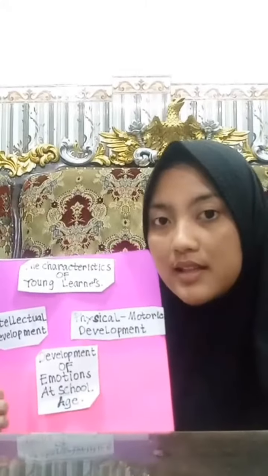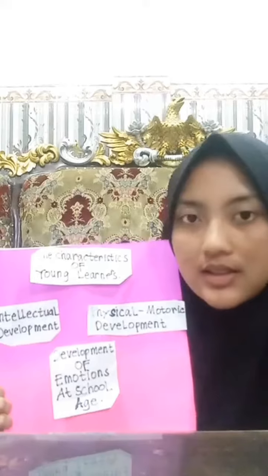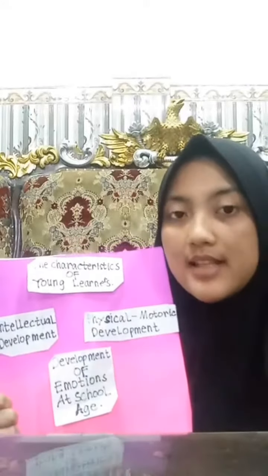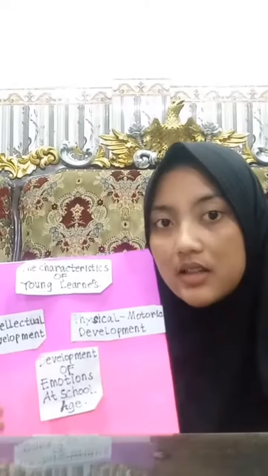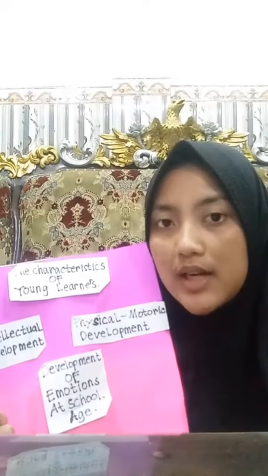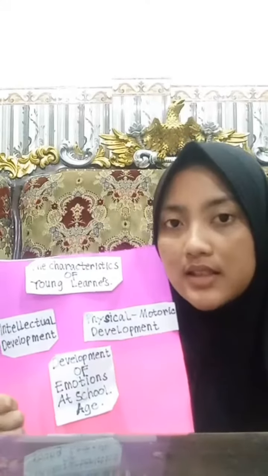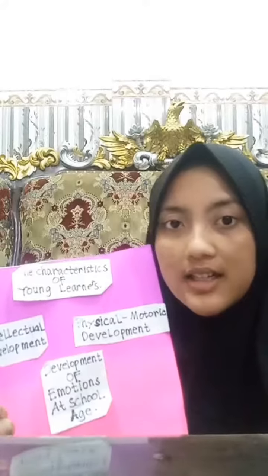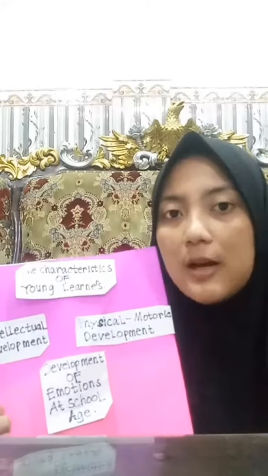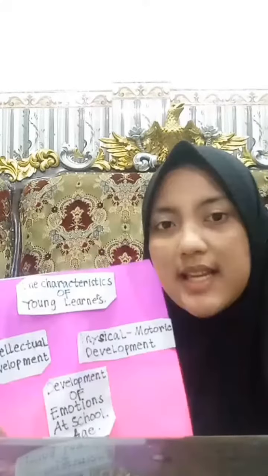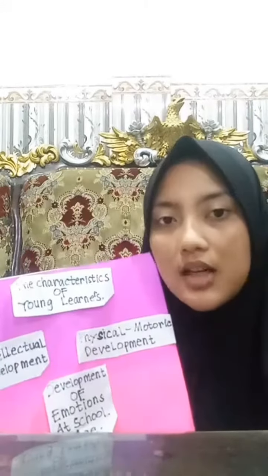Number 2 is intellectual development. At elementary school, children are able to react to intellectual stimuli or carry out learning tasks that require intellectual abilities or cognitive abilities such as reading, writing and counting.